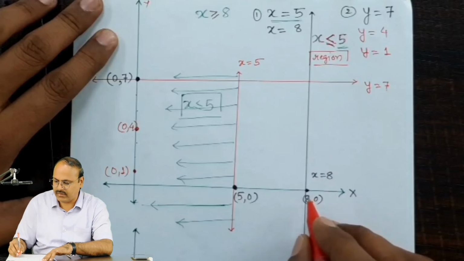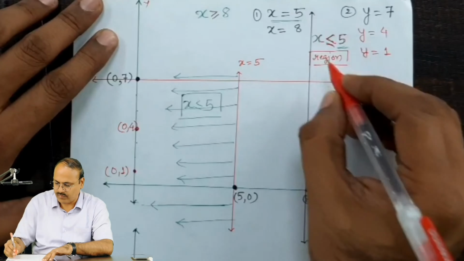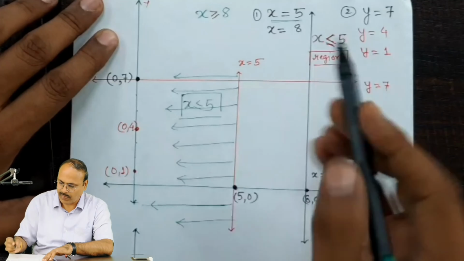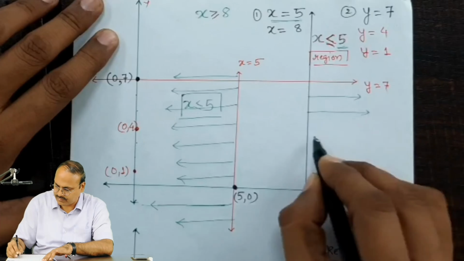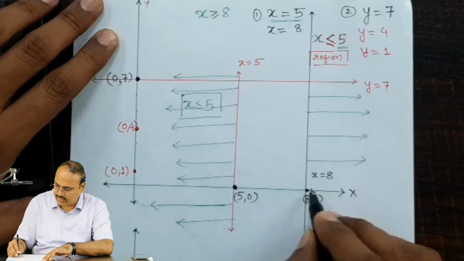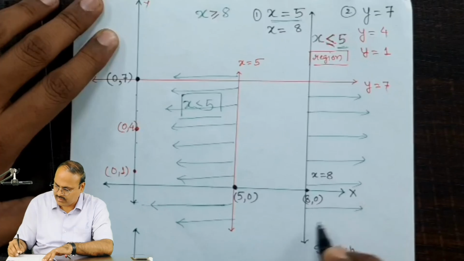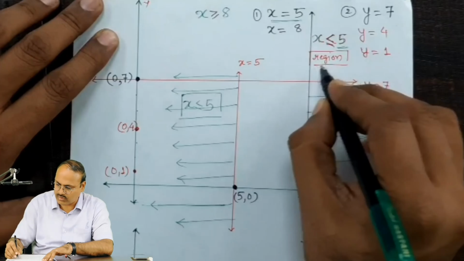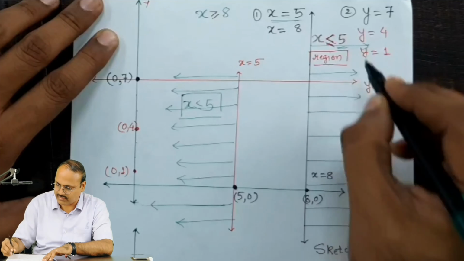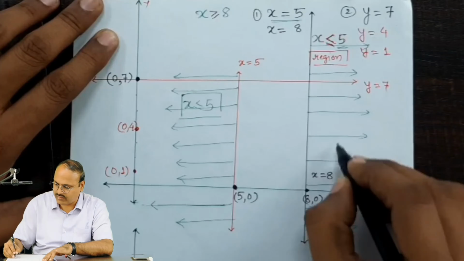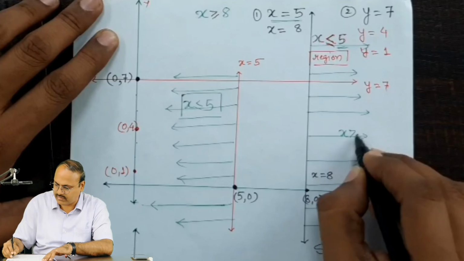Greater than means it will be to the right of this line, and therefore the region representing x greater than or equal to 8 is this region. You can see I am drawing the sketch covering all quadrants, both the positive quadrant as well as the negative quadrant. The region on the right of x equal to 8 is the region x greater than or equal to 8.